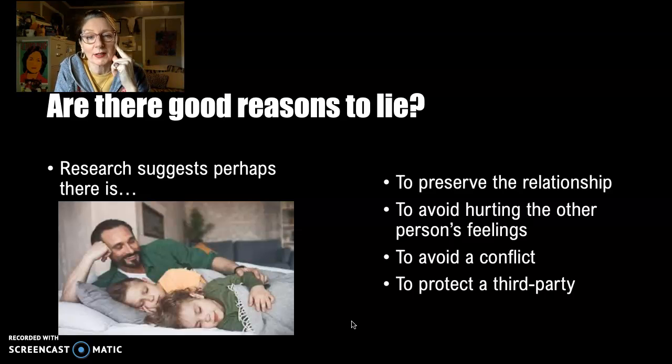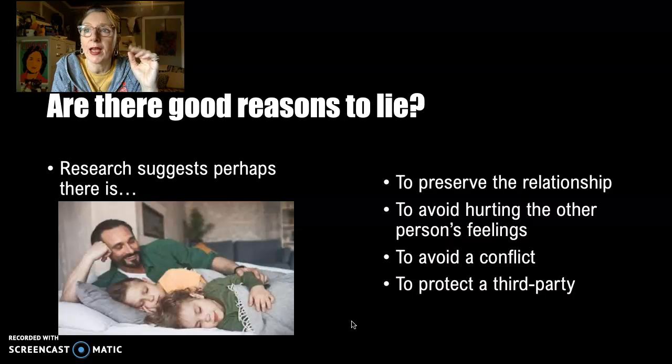Anyway, the point is, the things that we've been told as children are lies, but they're good lies, right? They're fantasy and things that we get to believe in, and they make us happy. So sometimes we do lie to protect a third party. Let's say we have an affair, and we don't tell on that person because we don't want to hurt that third party involved.